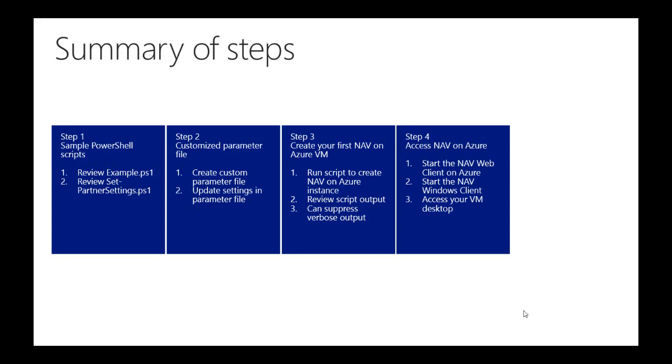And in step 4, we accessed NAV on Azure using the NAV web client and also the NAV Windows client. And finally, we accessed the desktop on the Azure virtual machine. This completes our video, How do I automate provisioning of Dynamics NAV 2013 on a Windows Azure virtual machine?